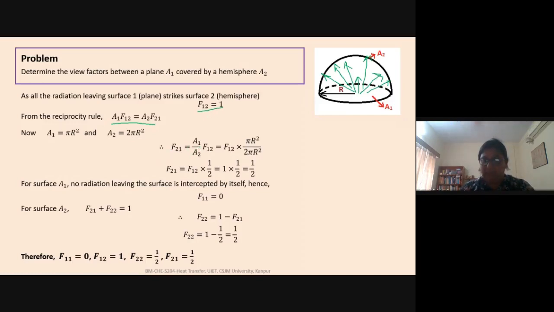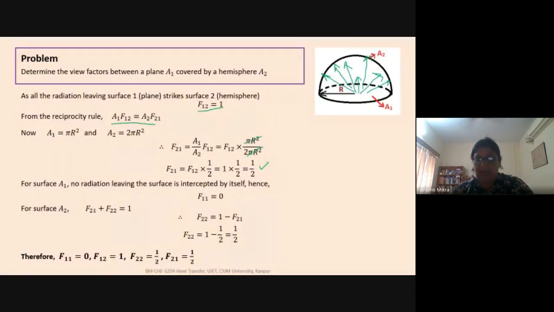F21 is equal to A1 by A2 into F12. I've written out the areas out here. This is the area of the circle, and this is the area of half the sphere or the hemisphere. If I put in these values for the areas, this pi r square cancels out with this pi r square, and we are left with 1 into half, which is equal to half. So F21 is equal to half.